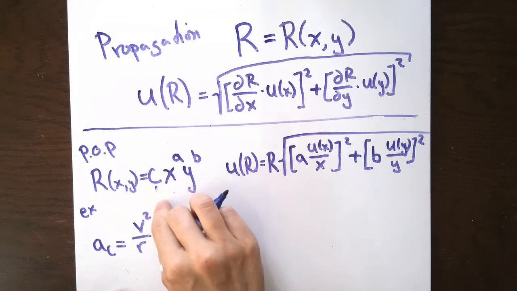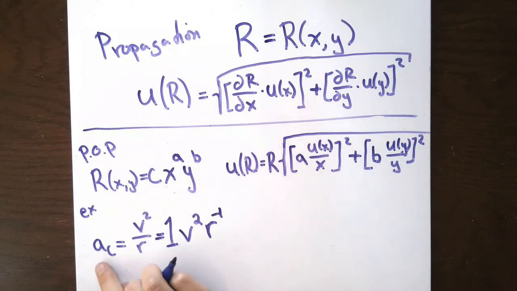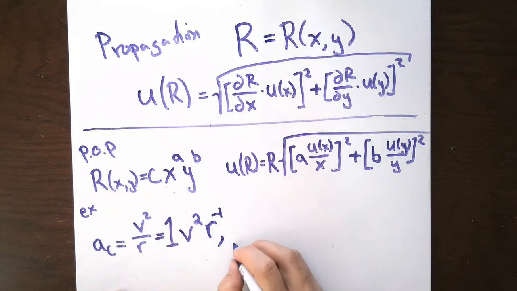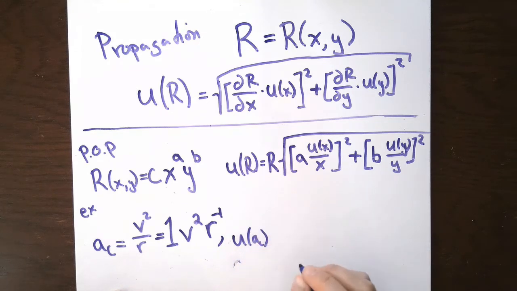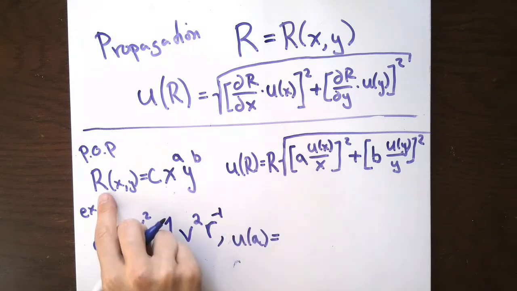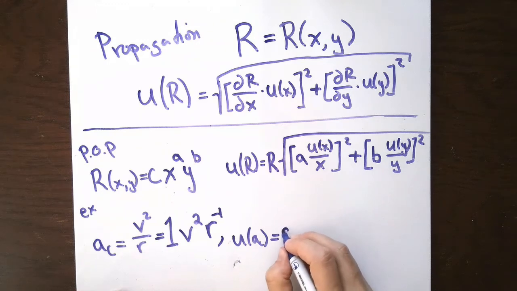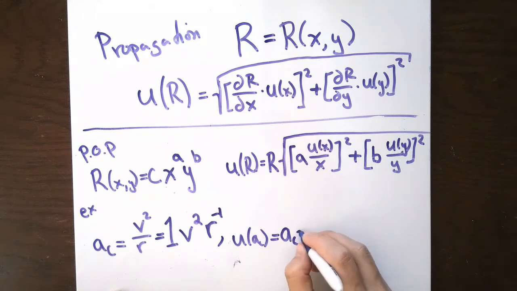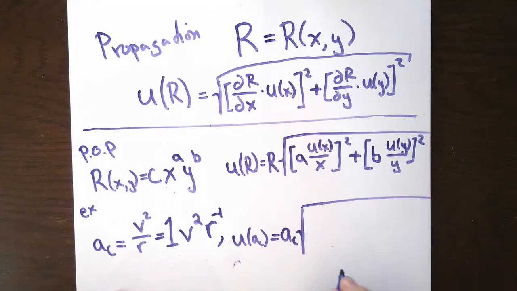So r is like our y in the general formula here. I'm going to erase those. All right, so now how would we get the uncertainty of acceleration if this is the formula we use to calculate the acceleration? Well, first thing we're going to do is, remember, acceleration is like our r in the general formula, so we will plug in the value of the centripetal acceleration and then take the square root.